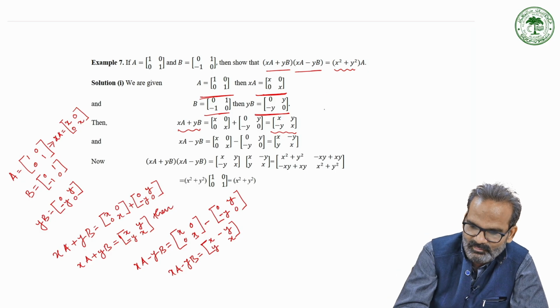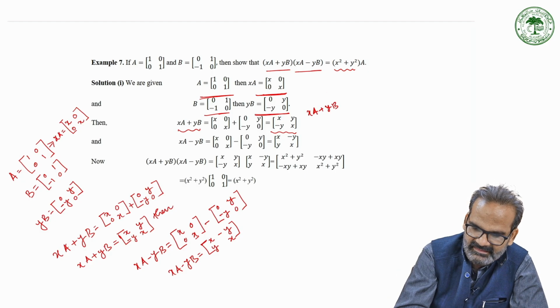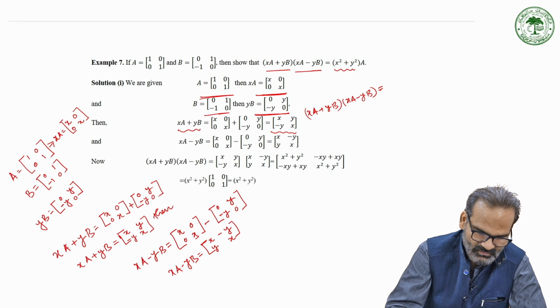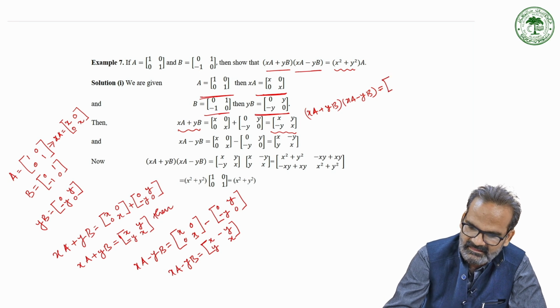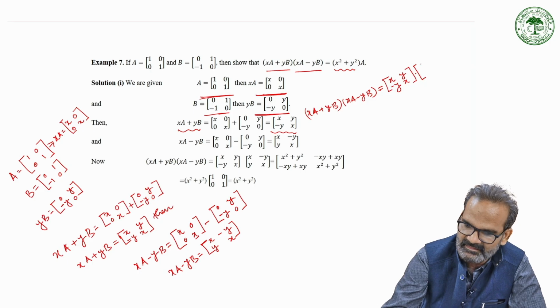Now what we have to do? Multiply these two, XA plus YB and XA minus YB. This is equal to what? This matrix [x, y; -y, x], this is XA plus YB, and the second matrix is what? [x, -y; y, x], right?